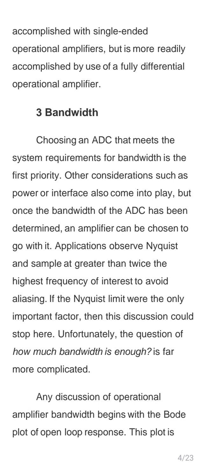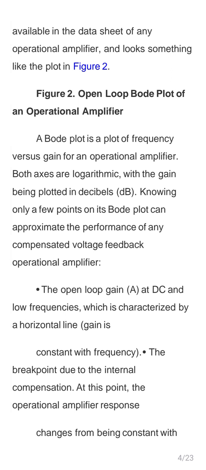The Nyquist criterion is the only important factor in these discussions; the question is how much bandwidth is enough. It is far more complicated in operational amplifiers. It begins with the bandwidth and the Bode plot of the open loop response, which is designed by the operational amplifier loops. The open loop Bode plot plots frequency versus gain of the op amp. The axis is the logarithm of gain, plotted in decibels, and only a few points of the Bode plot can approximate the performance of compensated voltage feedback operational amplifiers.